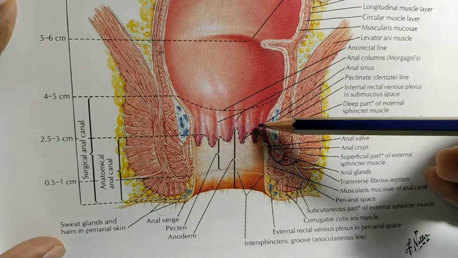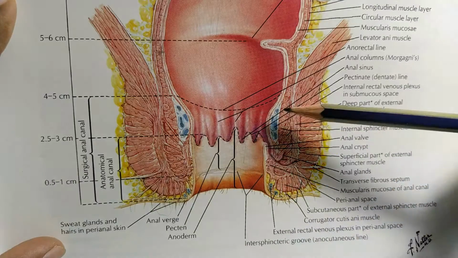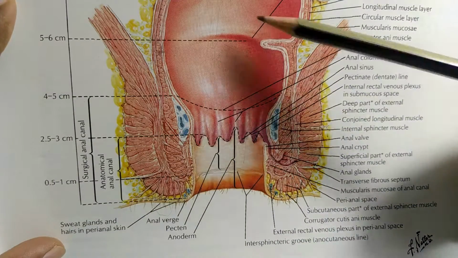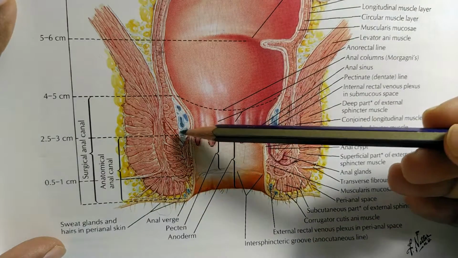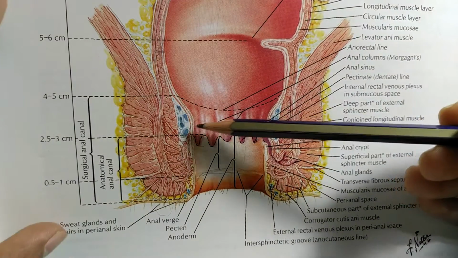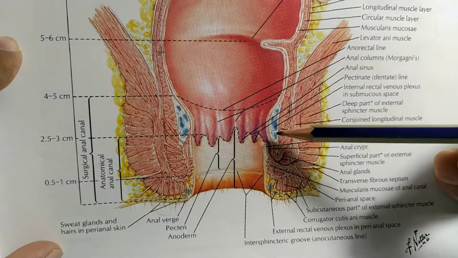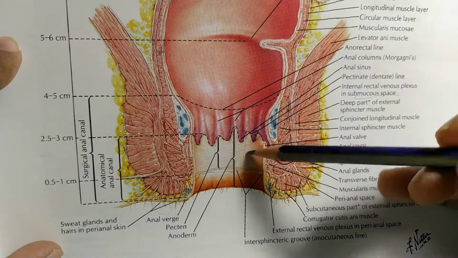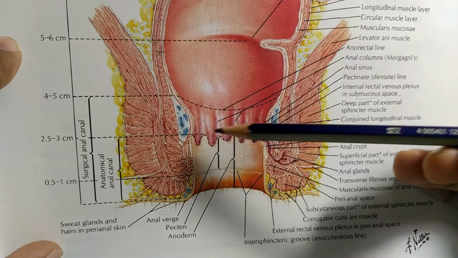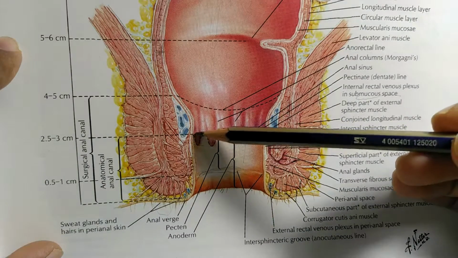So this anal canal has some interior features and some exterior features. Here you can see some blue structures. These are called the internal hemorrhoids, piles or cushions. This is also called the internal rectal venous plexus. Okay, there are some characteristics of the anal canal.